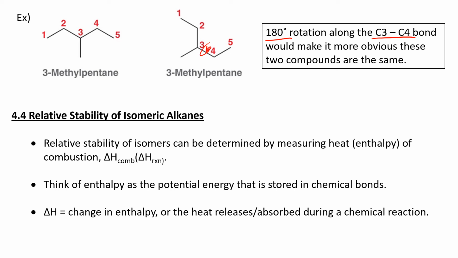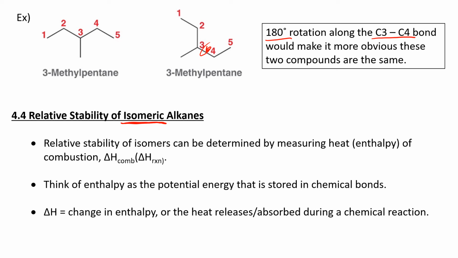All right, moving on to section 4.4, we're going to look at the relative stability of isomers. Just of saturated hydrocarbons here. We're not going to worry about anything else yet. The relative stability of isomers can be determined by measuring the heat of enthalpy.